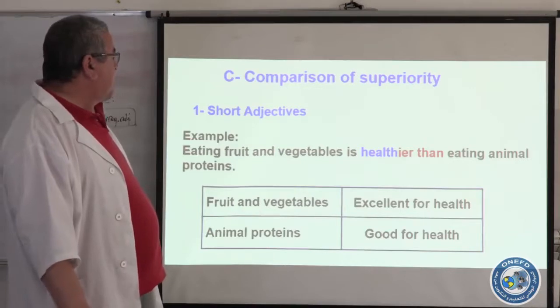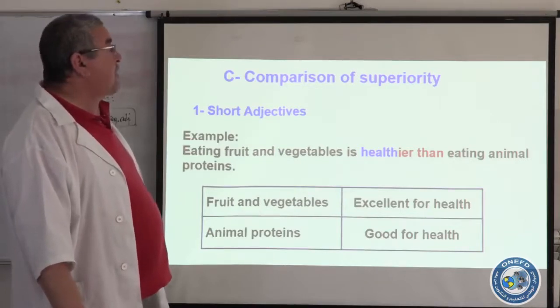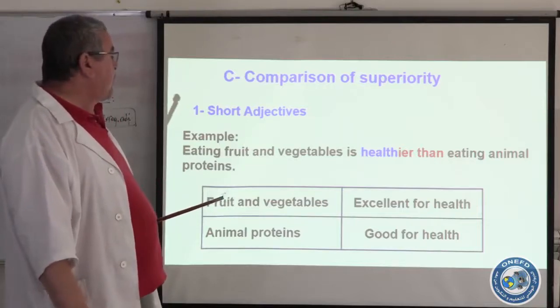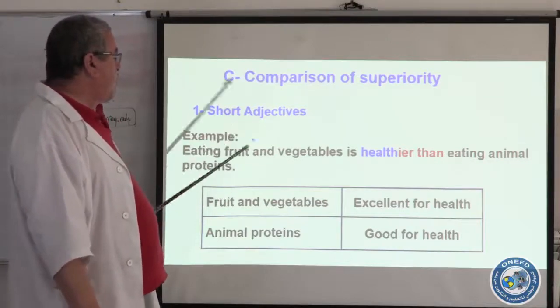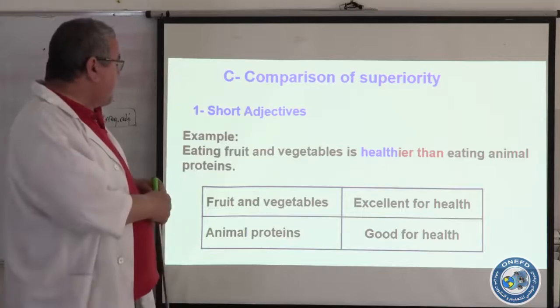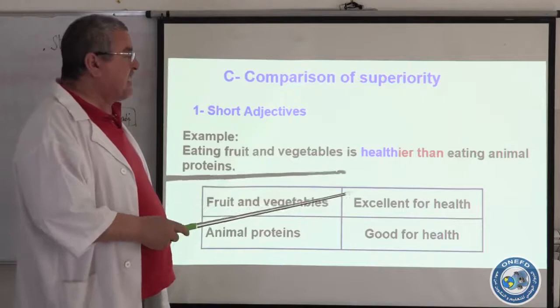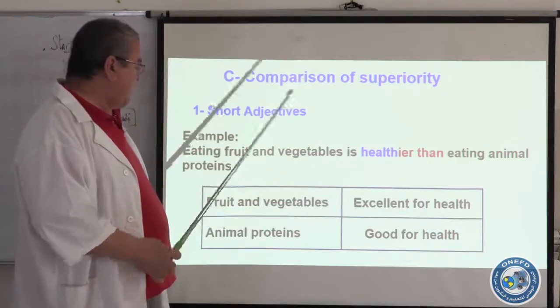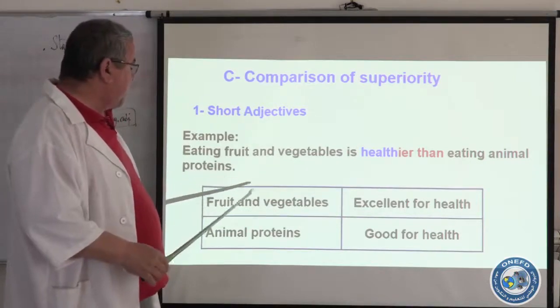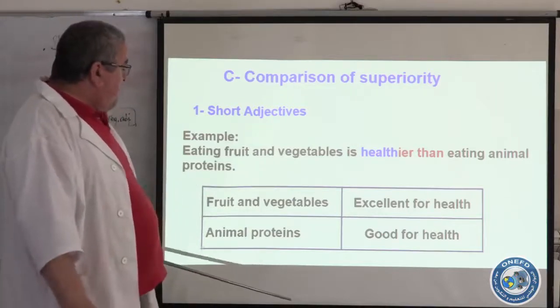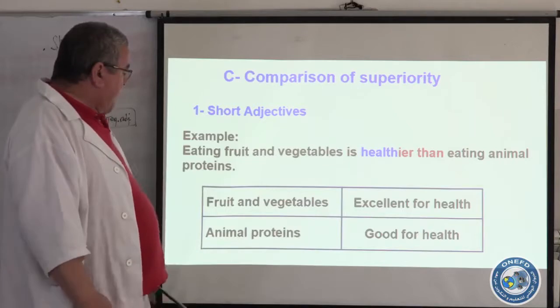And let's move to comparison of superiority here. Now, we'll talk first with short adjectives. An example: eating fruit and vegetables is healthier than eating animal proteins. Now, how do we say this?